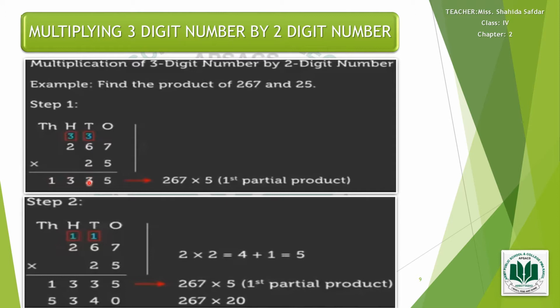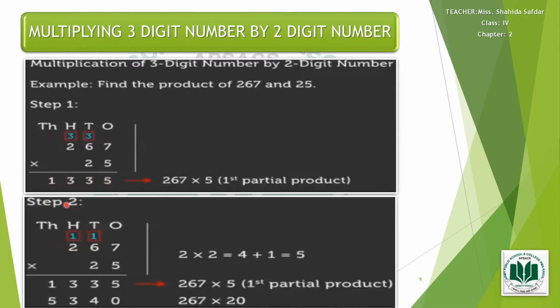So we write 3 at tens place and 3 at hundreds place. In next step we multiply 2 with 5, that is 2 fives are 10 plus 3 which is carried over here, it becomes 13. So 1335, and we call it the first partial product.